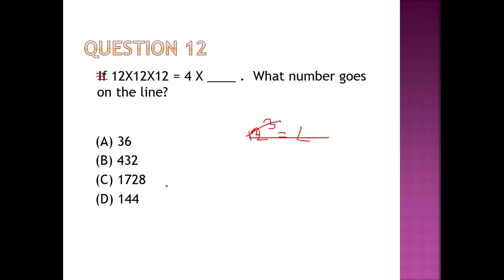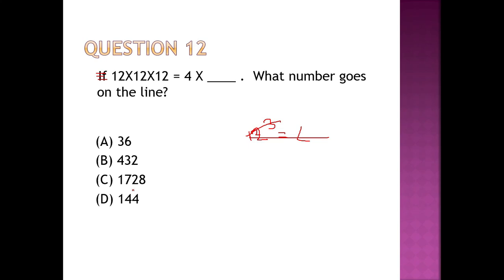I'm feeling kind of tired now, guys. All right, so 12 times 12 times 12, that's 1728. You can always verify that, guys. 12 times 12 is 144, and we times that by another 12. But it's not asking us what is 12 by 12 by 12.